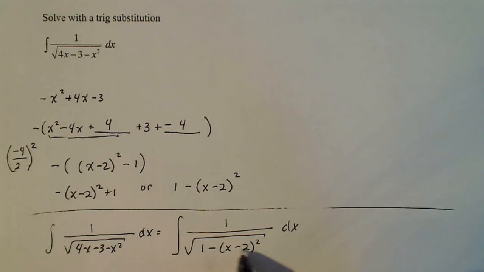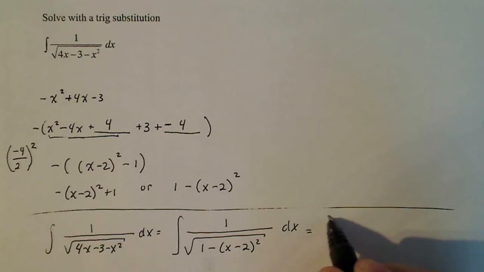Now, because of that 2, I don't want that 2 there. So if I add 2 here and then make my substitution, that 2 and that 2 will cancel. So if I let x be sine t plus 2, then dx, the derivative of sine is cosine t. The derivative of 2 is 0. So that's what I have there.